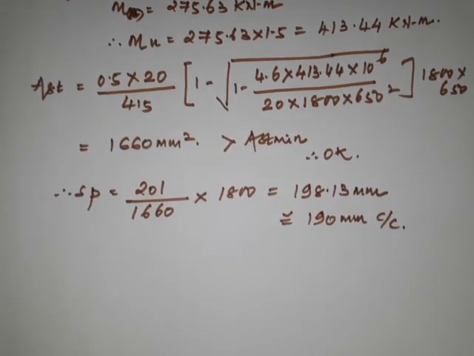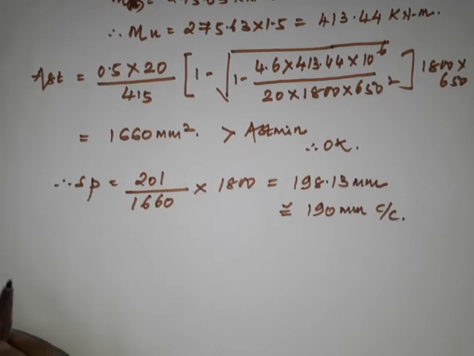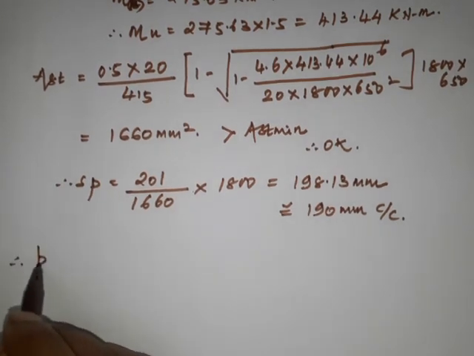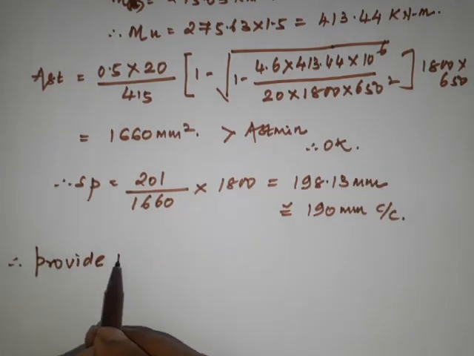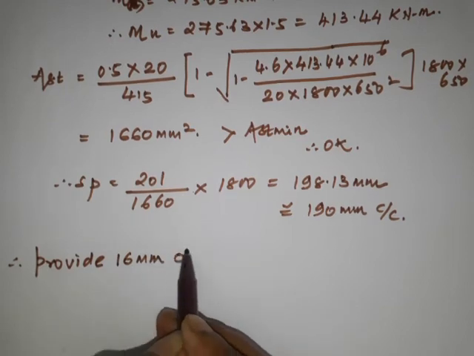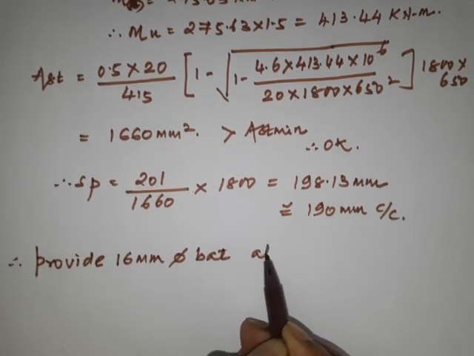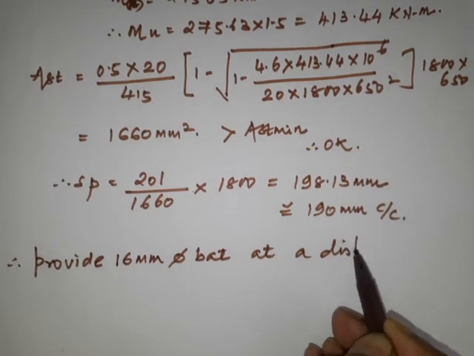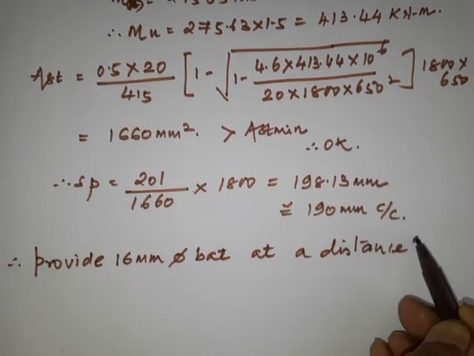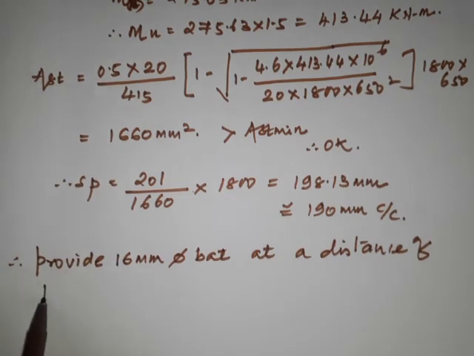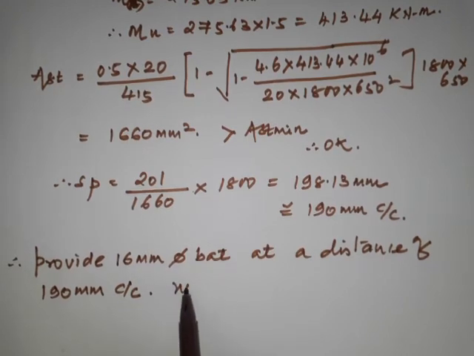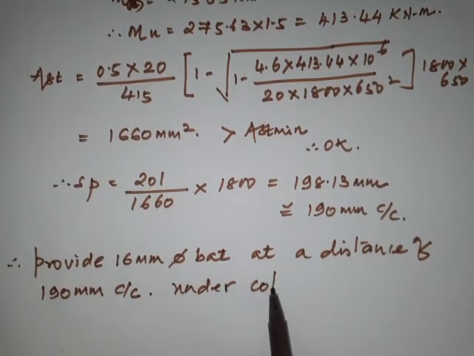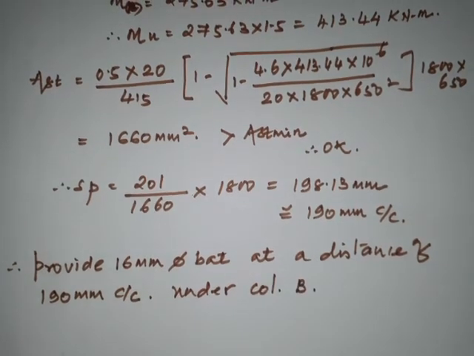So the statement what you can write, therefore provide 16 mm dia bar at a distance of 190 mm center to center under column B, okay.